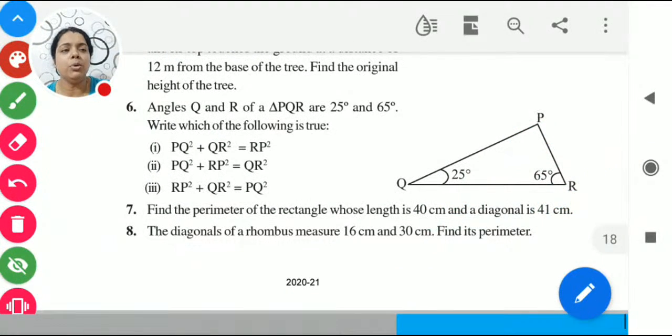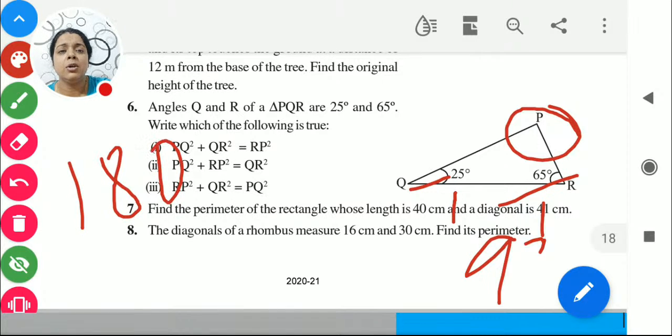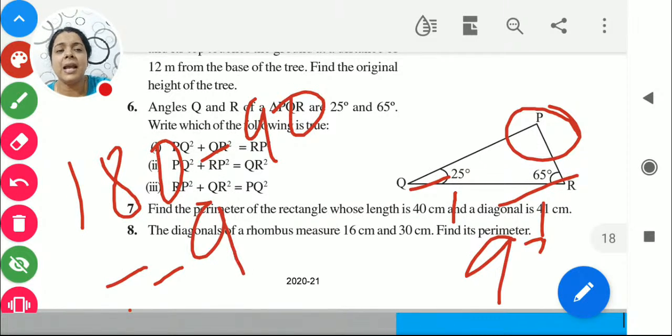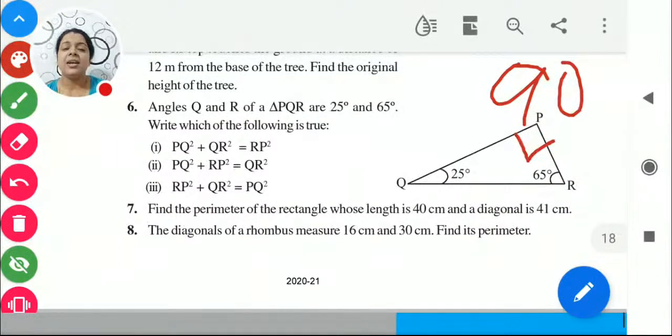As you know, two angles are given, so you are able to find the third angle. You just add these two, 25 and 65, and you find 90 degrees, and subtract it from 180. Subtracting from 180 gives 90 degrees, which means the third angle is 90 degrees.